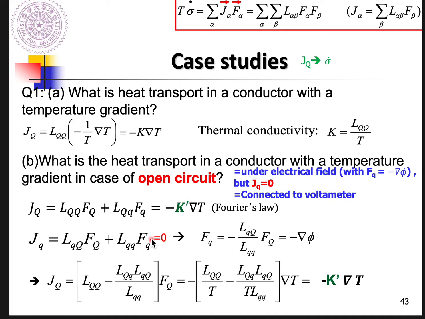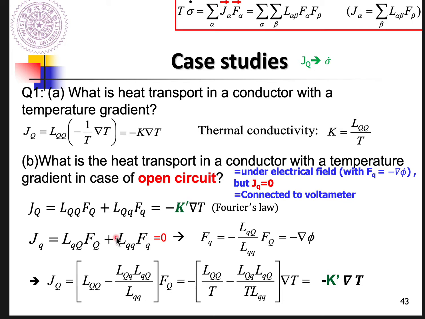So let's say the current density goes to 0. There still exists a temperature gradient and also an electrical field, but these effects cancel, which results in no current density going through your materials.